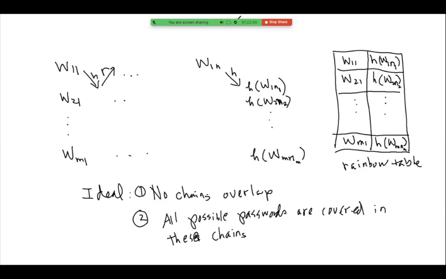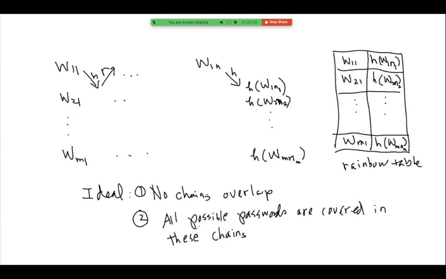Let me rewrite this. Okay, so that way I will be sure I can always find a password in this table.